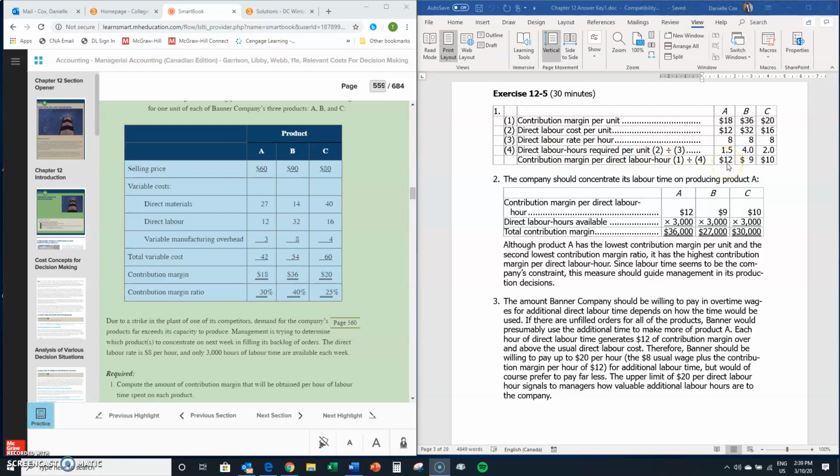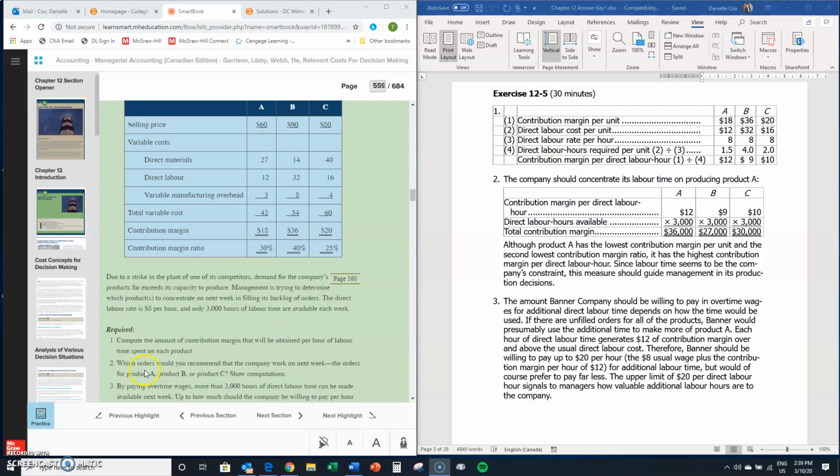So 18 divided by 1.5, and we get a contribution margin of $12. Product B would be $36 divided by 4 to give you 9, and product C, $20 divided by 2 to give you 10. So this is the relevant number that we're looking for, contribution margin per whatever the constraint is.